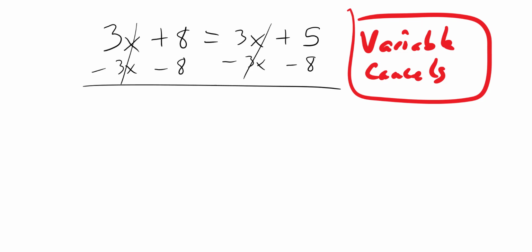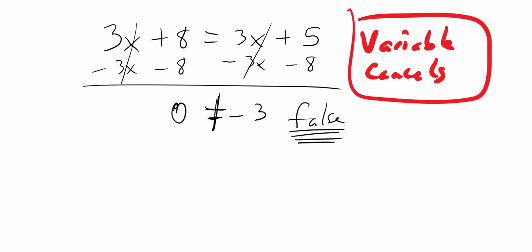But in this case it's a little bit different, because this does give you 0 on this side. You agree 8 minus 8 is 0, and 5 minus 8 is negative 3. So 0 does not equal negative 3. I'm going to say this is false. The other one was true. If this one's false, our answer for this is no solution.